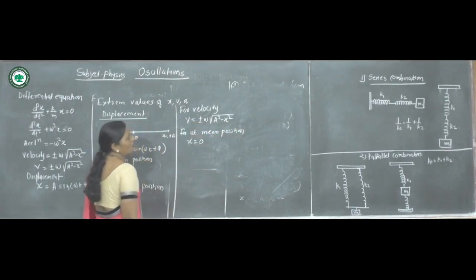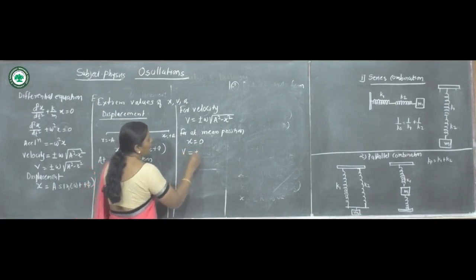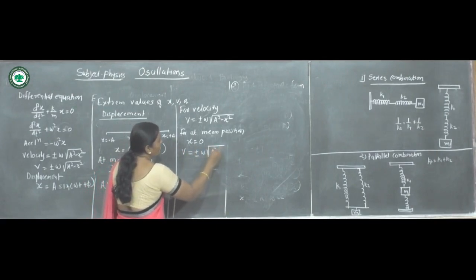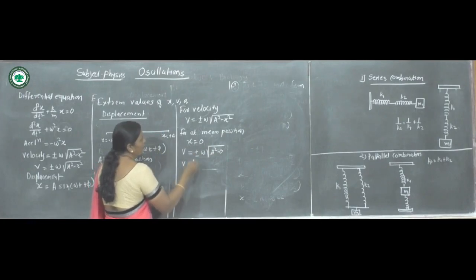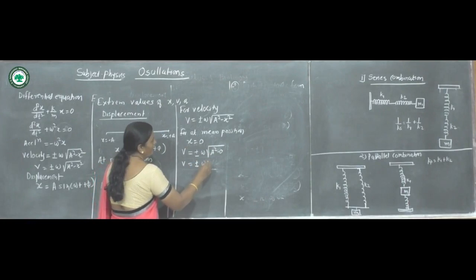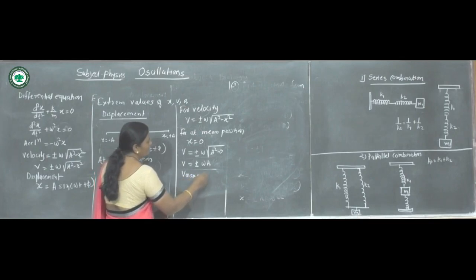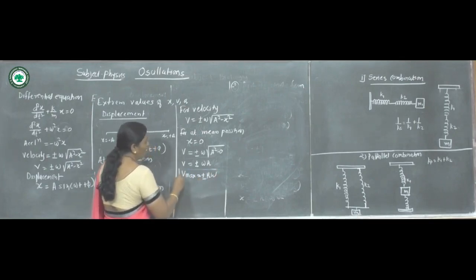Substitute the value 0 in this equation. We get v is equal to plus or minus omega under root a square minus 0. The equation becomes v is equal to plus or minus omega a. That is, v is maximum. At mean position, velocity is maximum and has the value plus or minus a omega.